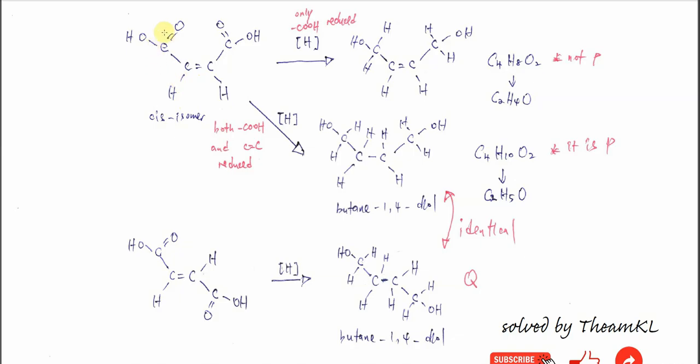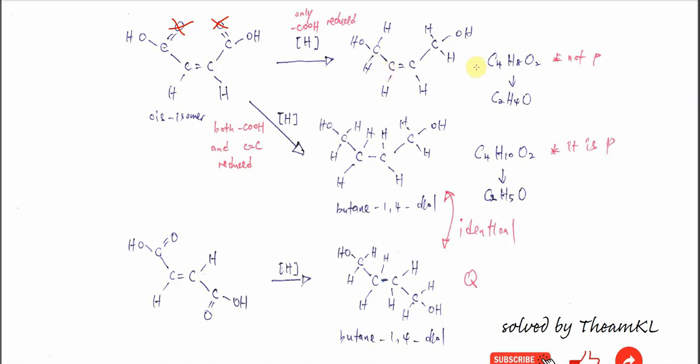If only the carboxylic acid is reduced, it means the oxygens will be removed and the carbons will add 2 hydrogens there. So eventually it will form this diol, and the C=C double bond remains.